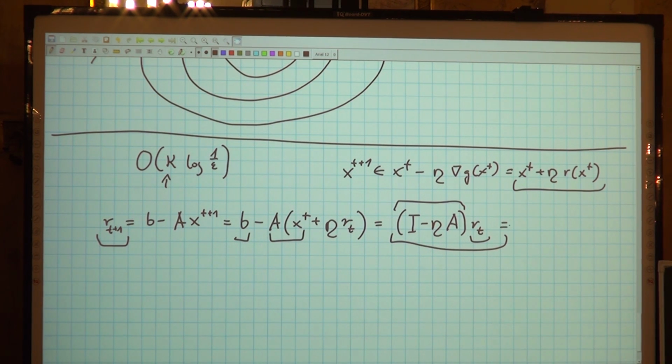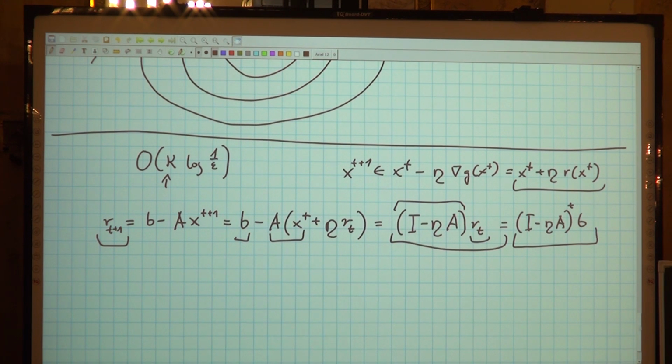So if I unroll it, my error at time t plus 1 is exactly like taking this matrix to the t-th power and applying it to my first error. But my first right-hand side error is exactly b, because my first solution is 0. So this gives me the recipe for the error after t iterations.